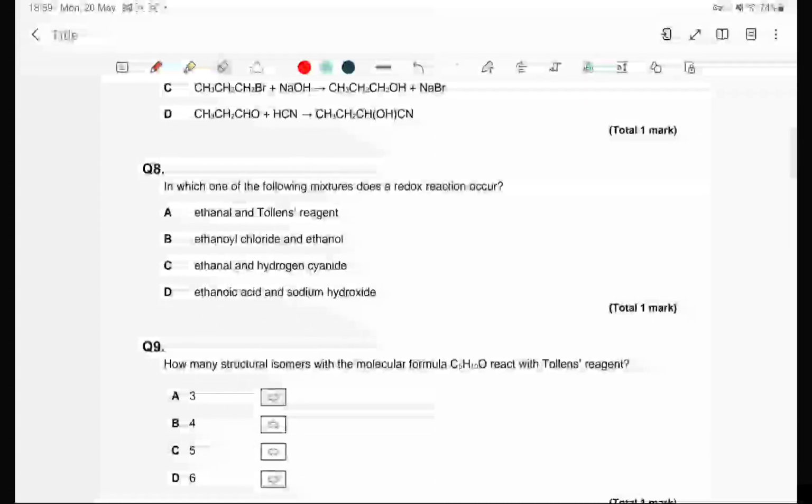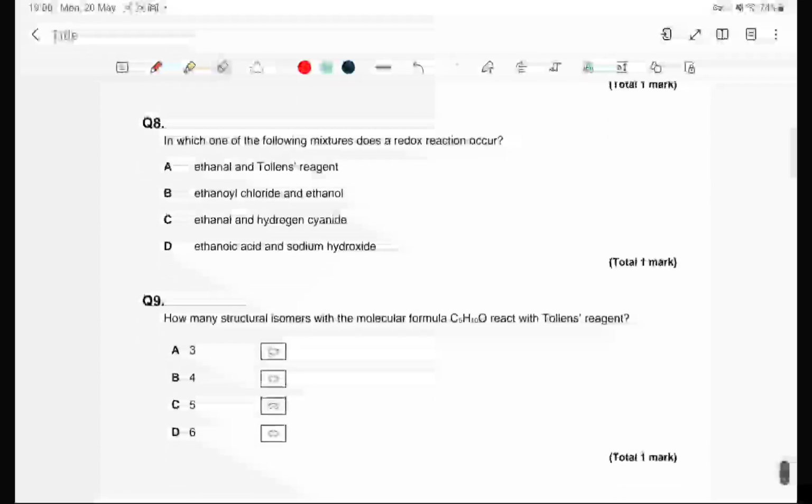Ethanoyl chloride, if you've not come across it, which you may not have at this point in the course, is a derivative of a carboxylic acid, and therefore they react in a condensation reaction. Ethanal and hydrogen cyanide is a nucleophilic addition reaction, and D is a neutralization reaction. So, yeah, A is the answer.